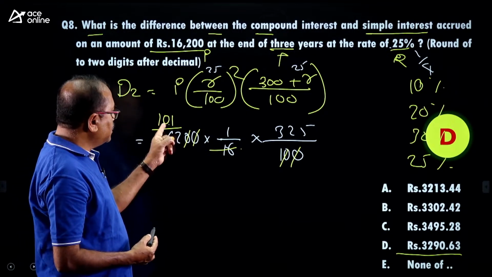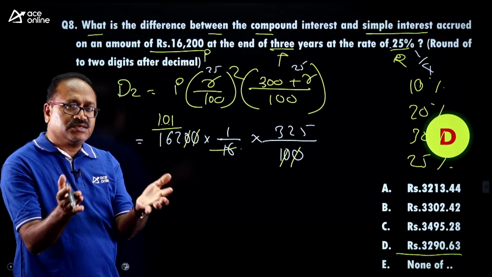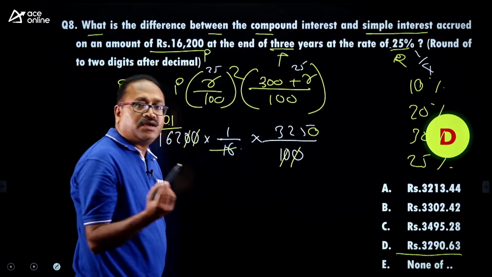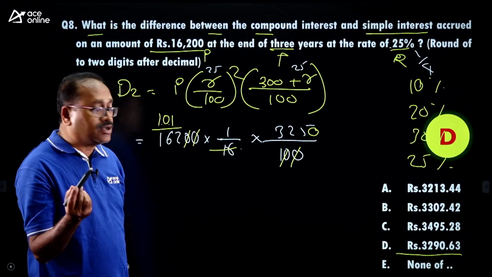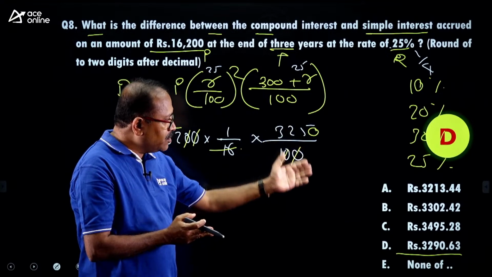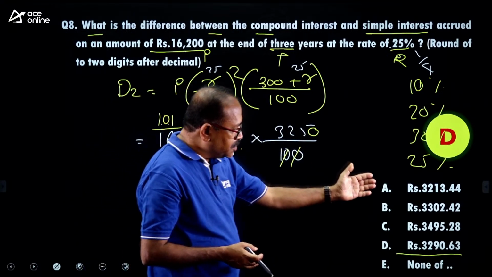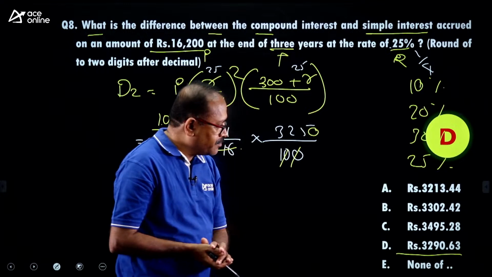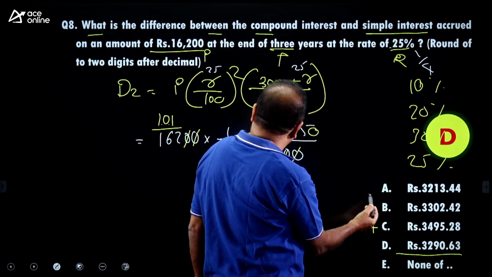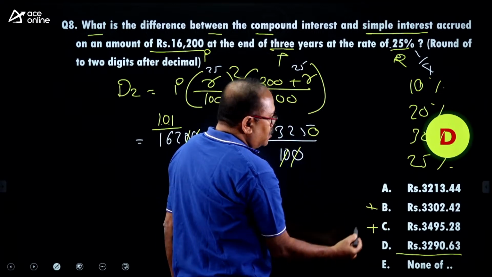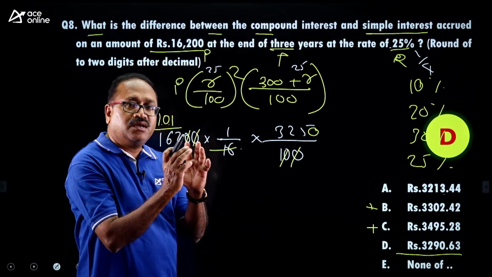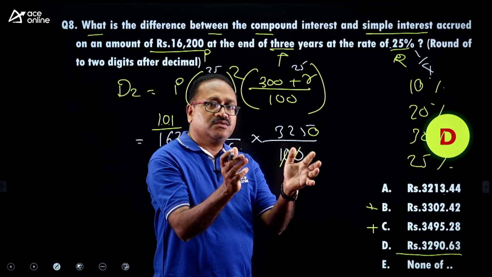Now please tell me what should be my answer? As 10 point something, my answer should be 3,250 plus something. So when I look at the options, I can eliminate this 3,290 and I can eliminate this 3,300, because my answer should be slightly above 3,250.